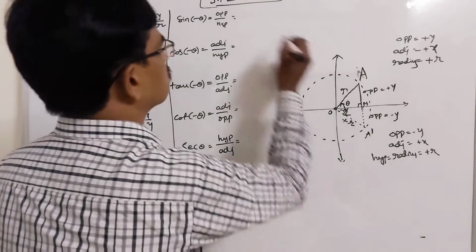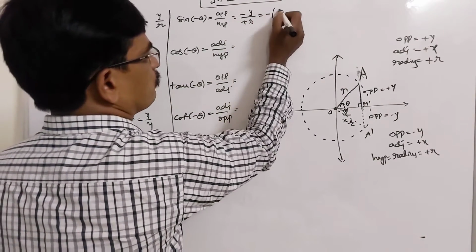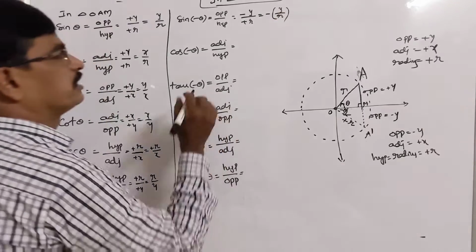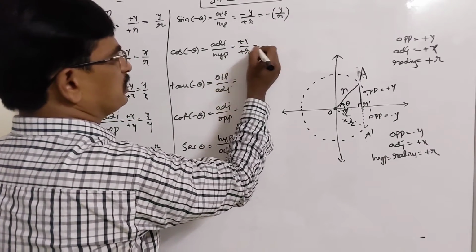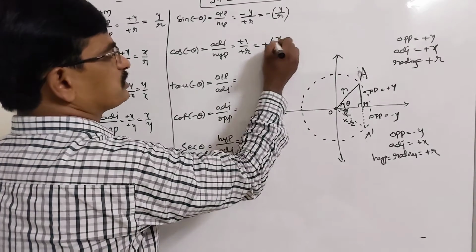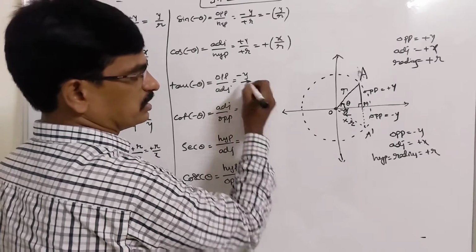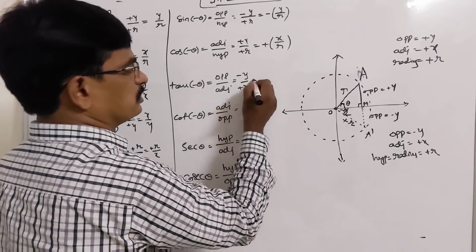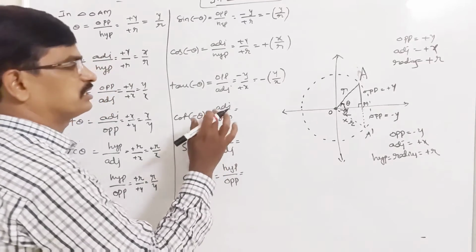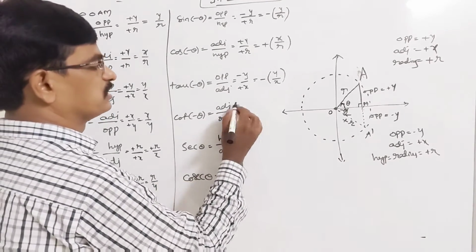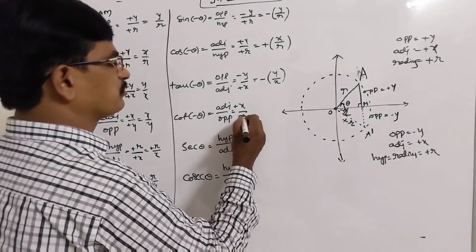So your opposite side is minus y by plus r, that is minus of y by r. Next, adjacent side is plus x by plus r, that is plus of x by r. Next, opposite side is minus y by adjacent side is plus x, minus by plus, minus of y by x. Next, adjacent side by opposite side is equal to plus x by minus y.